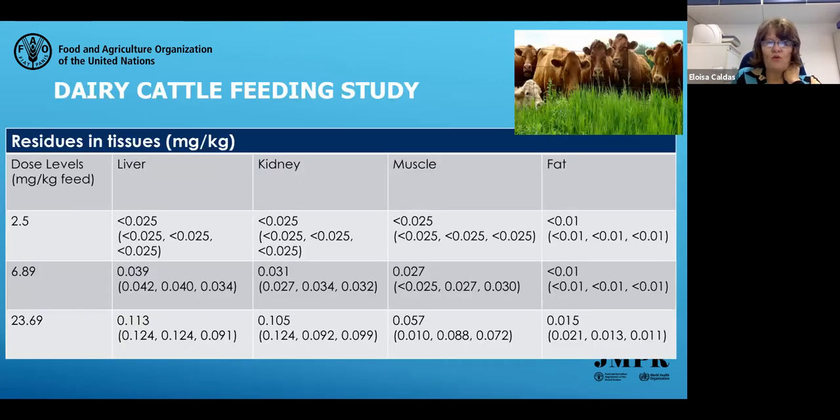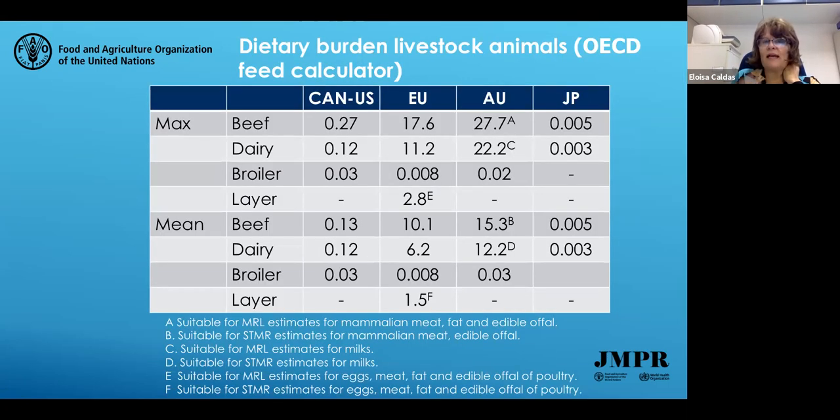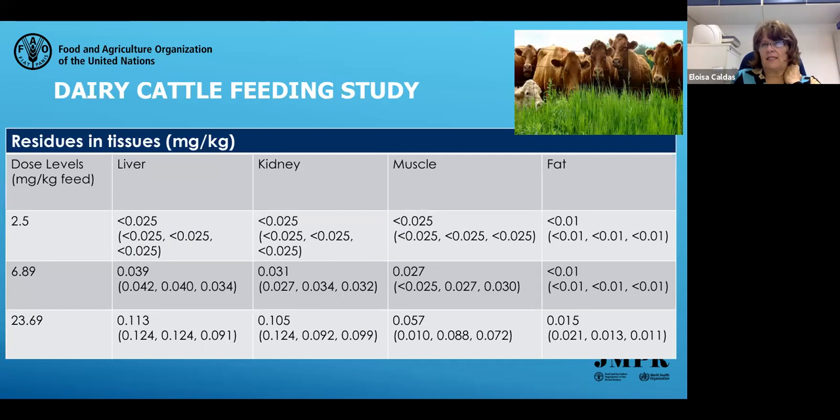So we now have the dietary burden for all animals, based on the consumption of feed by the farm animals and the pesticide residues found in that feed. But then we need the feeding studies.